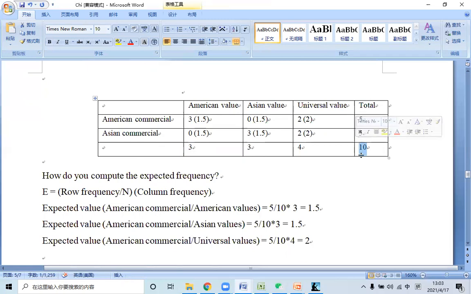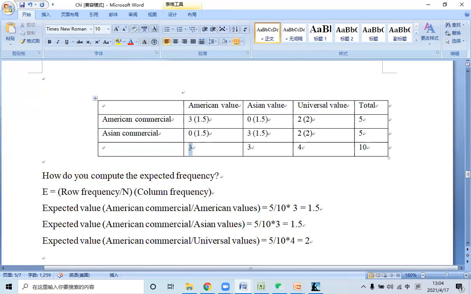Out of 10, half of them are American commercials. That's the proportion of American commercials. And you times column frequency. Column frequency here, 3. Altogether, 3 commercials expressed American values.